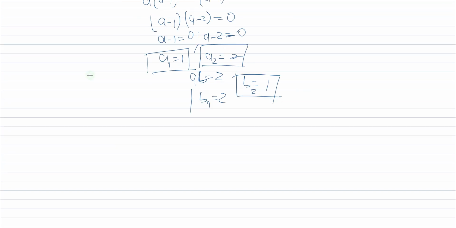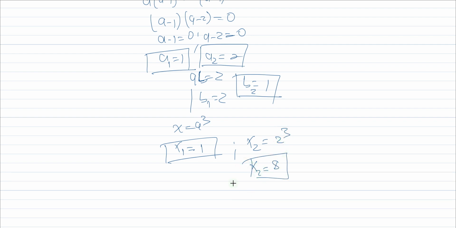So x1 is going to be a1 cubed, which is 1, and x2 is going to be the value of a2 to the power of 3, which is 2 to the power of 3, so x2 is going to be 8, the same as we found before.